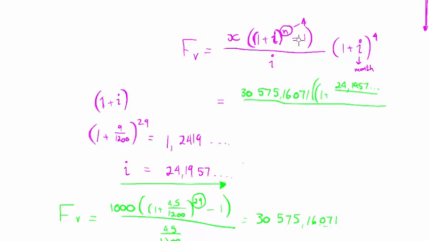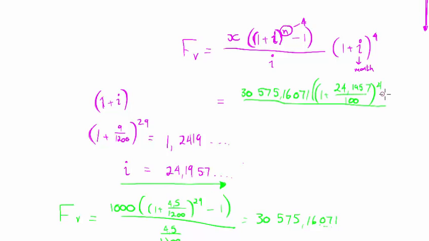Very difficult to say in words. So my interest must be the interest that I get every 29 months, which is that amount. So I don't even need to divide by anything. Well, I do. I need to divide by 100 to get my percentage.